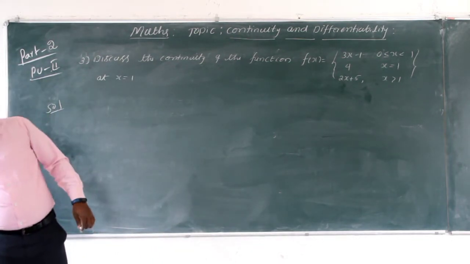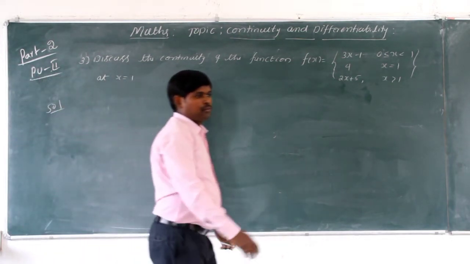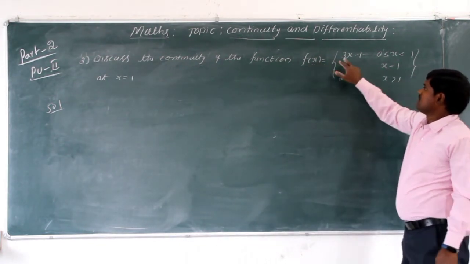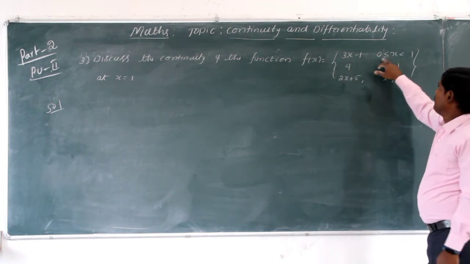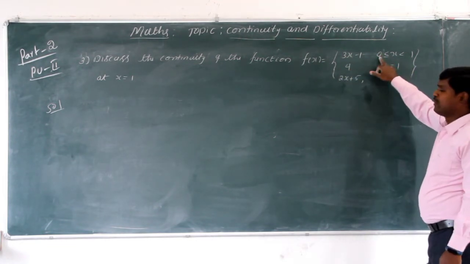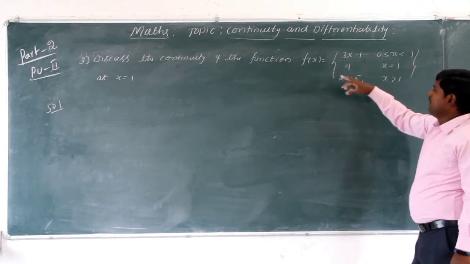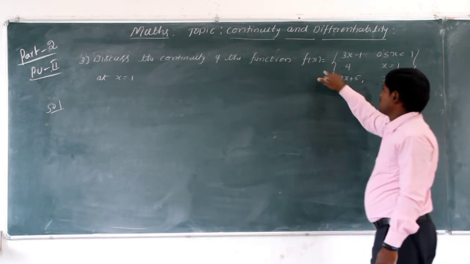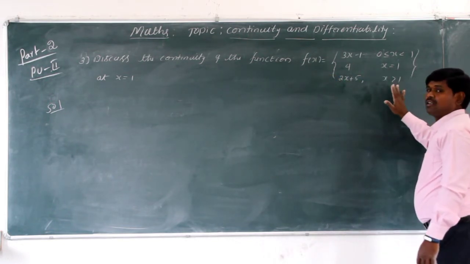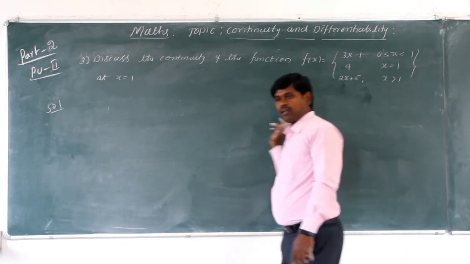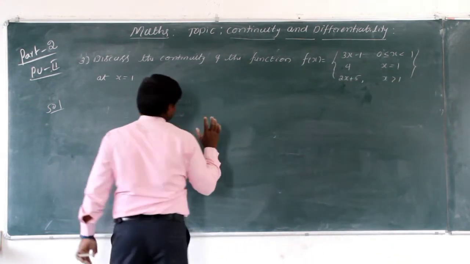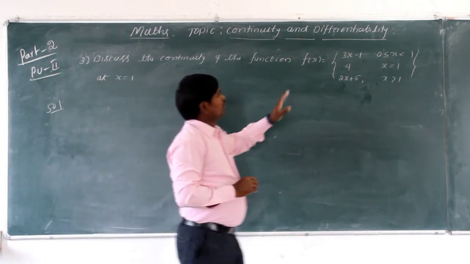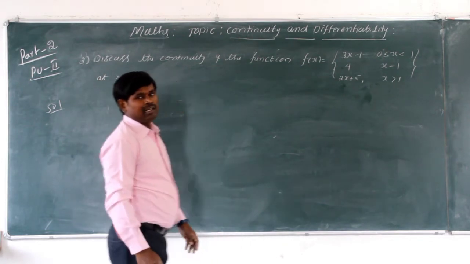In such cases, we work out through the left hand limit and right hand limit. Here f of x is 3x minus 1 if the value of x lies between 0 and 1, including 0 and excluding 1. And f of x is equal to 4 when x is equal to 1, and f of x is equal to 2x plus 5 when x is greater than 1. So here the function is splitting. Therefore, we use the concept of left hand limit and right hand limit.